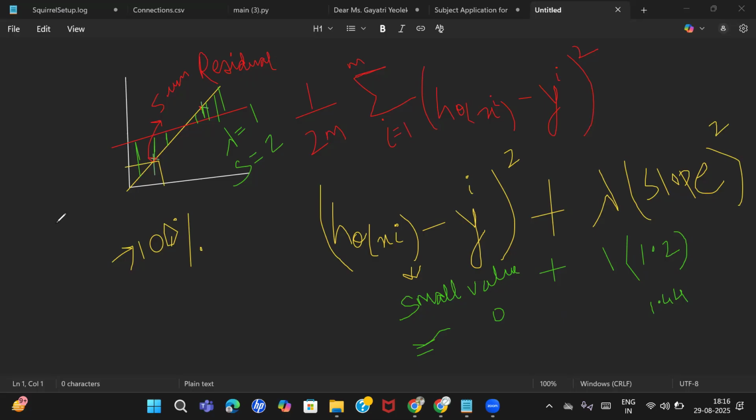Somewhere around my value will be 2.04, 2.05, 2.02. Okay, somewhere around 2.02. So ultimately, what you have seen, we have reduced the value, and with the help of this best fit line, our overfitting condition will be solved.